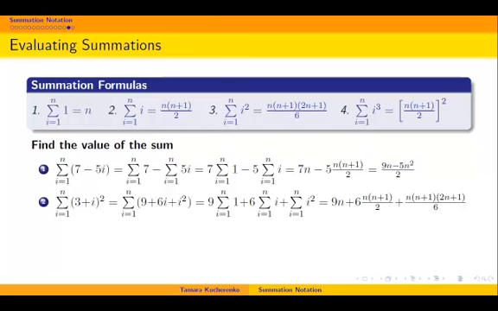Our last example is to find the value of the sum from i equals 1 to n of i cubed minus i. Again, we distribute the sum to each term and get the sum of i cubed minus the sum of i for i equals 1 to n.